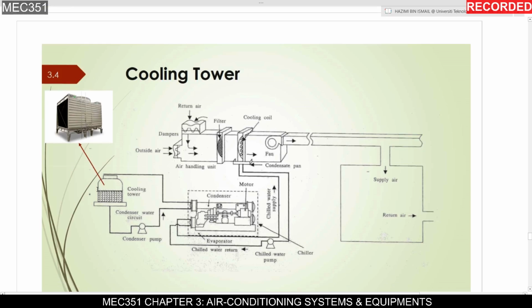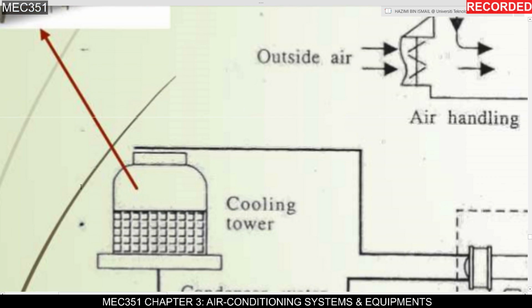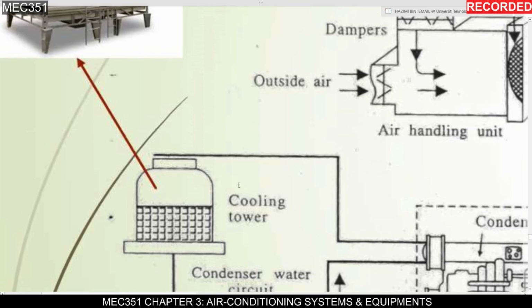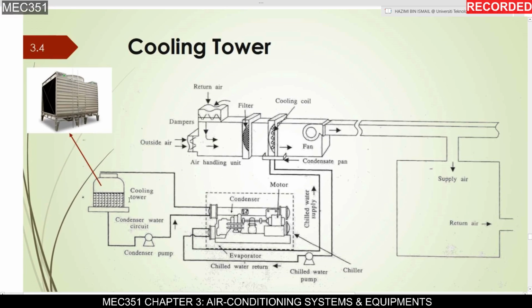The air that comes in from here is at the surrounding temperature, and after it absorbs heat from the water droplets, it will exit the cooling tower with higher temperature because of the heat absorption. So that's how heat is removed to the surrounding using the cooling tower.